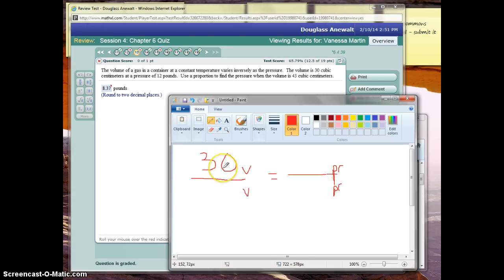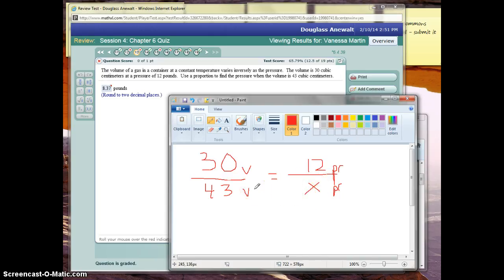So when the volume was 30, what was the pressure? 12 pounds. And then you find the pressure when the volume is 43. The pressure is, we don't know. So that's set up a little different.